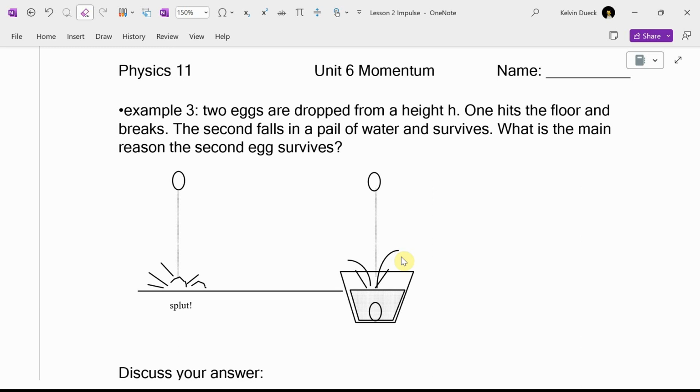You're on the right track, but I think you're wrong because I think both of them hit at exactly the same velocity, one hitting water, one hitting cement. And I think they have the same amount of velocity to get rid of, same amount of momentum. What does that change as a physics variable?